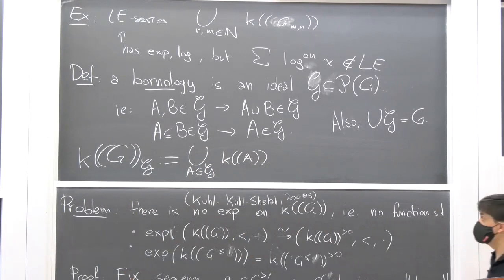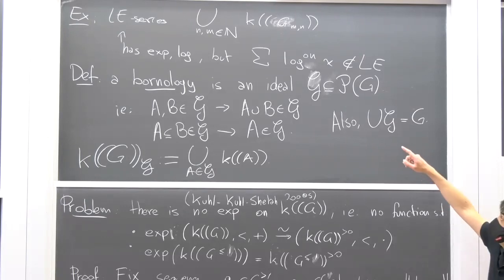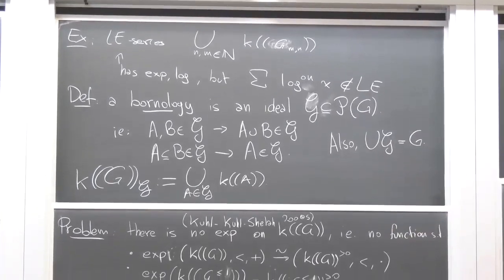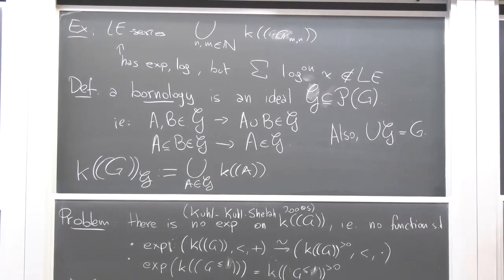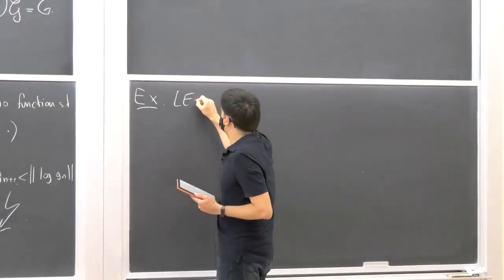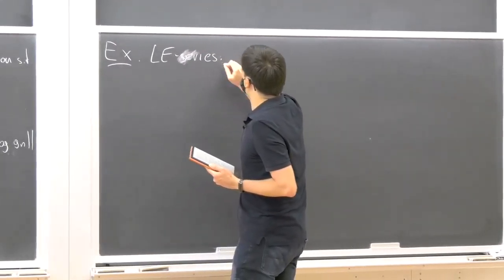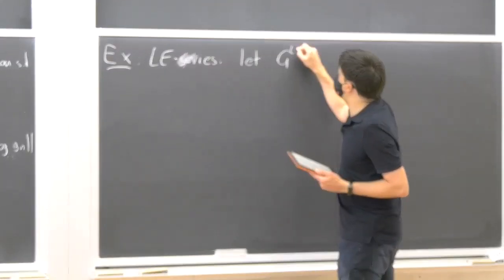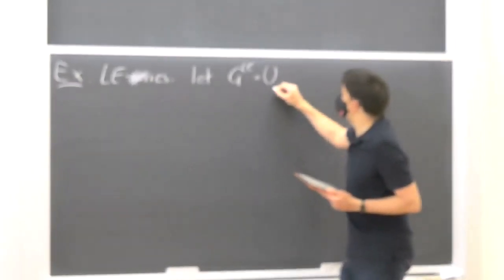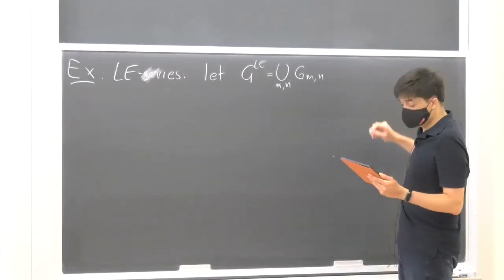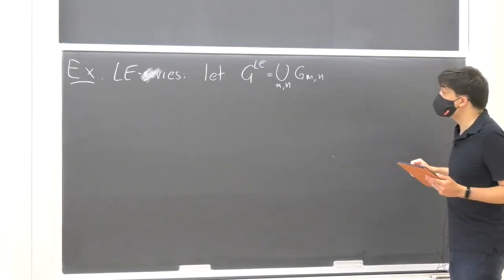Okay, so that's a bit of notation. Let me give you a couple of examples. One example is definitely LE series up there, so that family of groups. So let G_LE be this union over m, n of G_{m,n}. Now, I wish I had a subscript up there for this, but I hope it shouldn't be ambiguous.